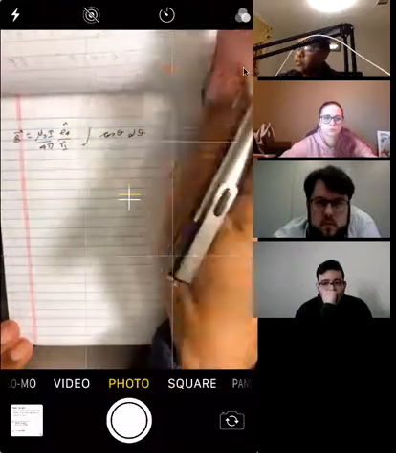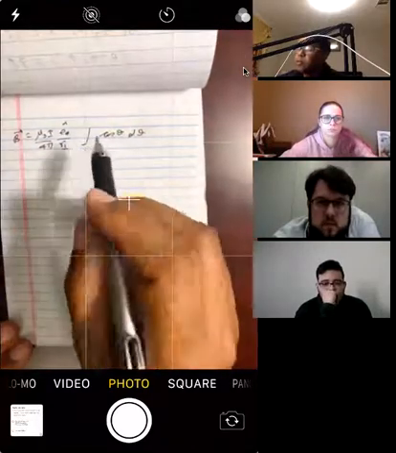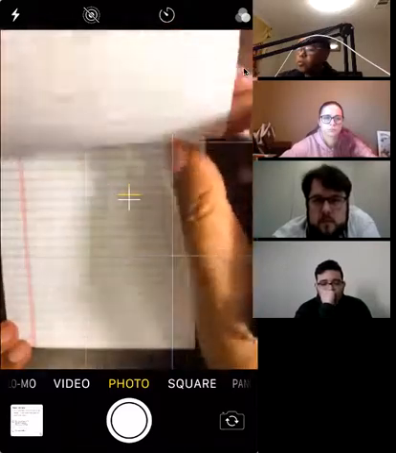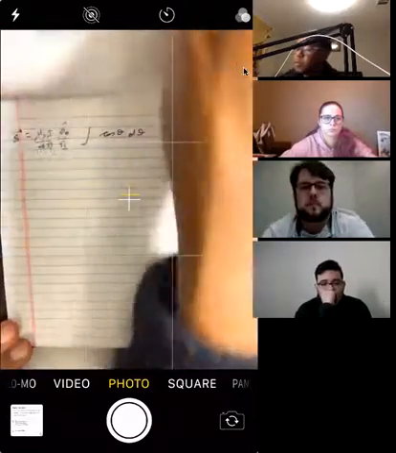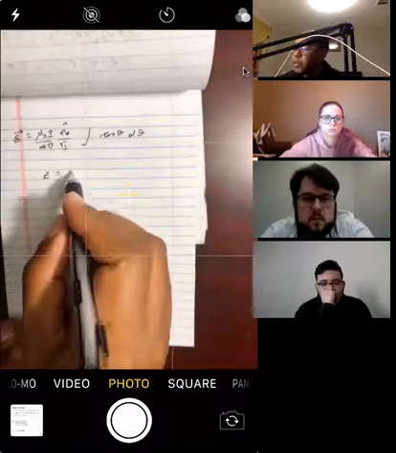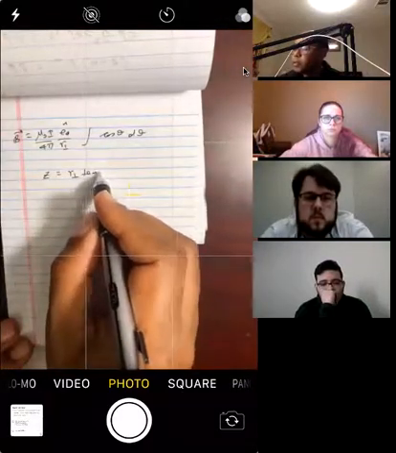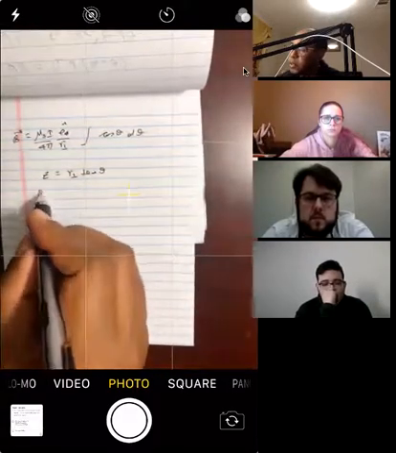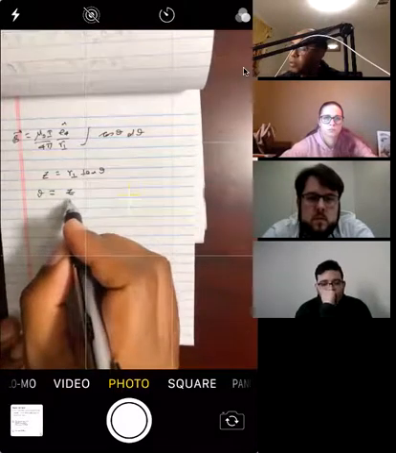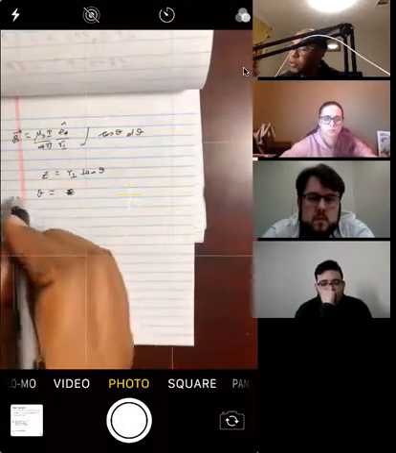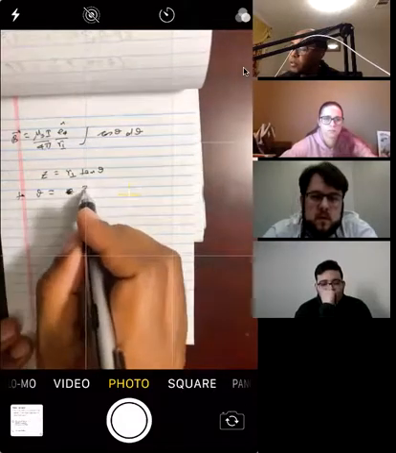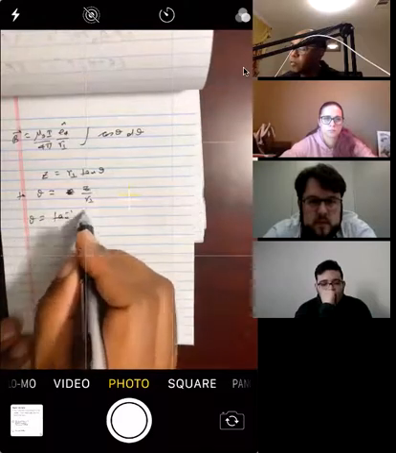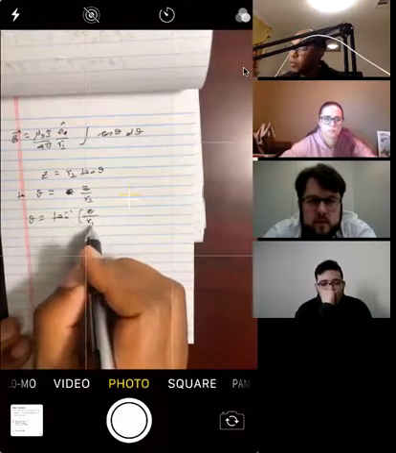Now let's look at the limits. They were going from negative b to b for z, but we have to change them to theta. This is our formula: z equals r perpendicular tan theta, so tan theta equals z over r perpendicular, and theta is tan inverse of z over r perpendicular.